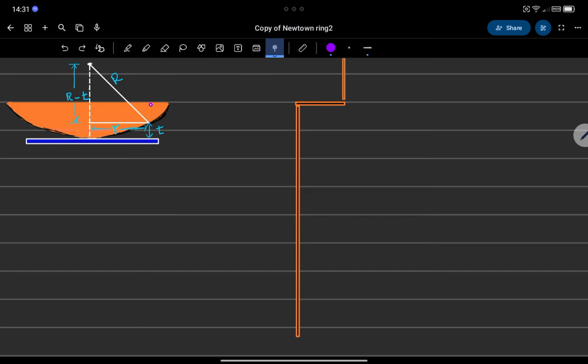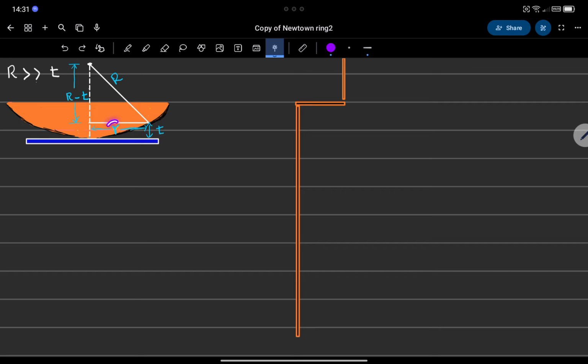Between the plano-convex lens and the plain glass plate, a wedge-shaped thin film forms. So, in general, in the Newton rings experiment, the radius of curvature R is much greater than t.